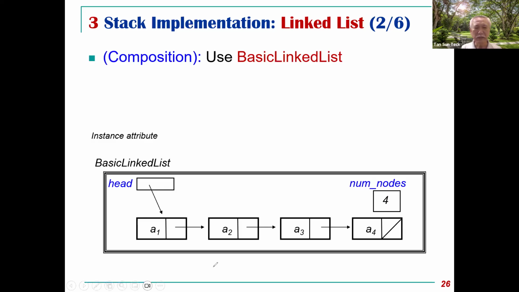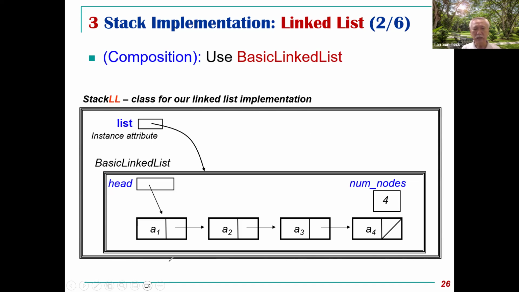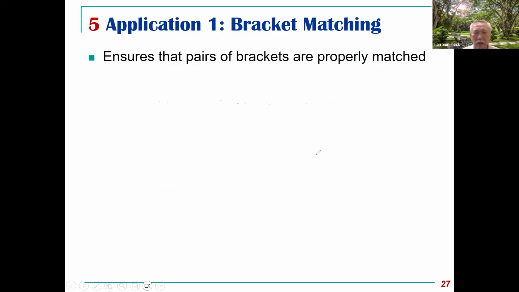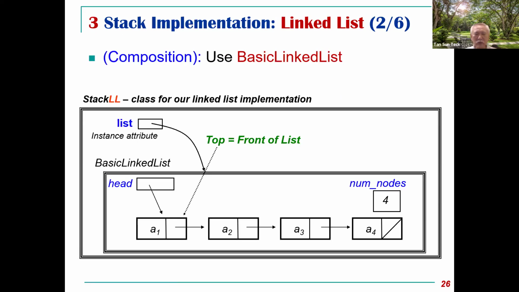First of all, we create this basic linked list as an instance attribute, an instance object, and this will become the stack linked list implementation class. The top of the list is a head pointer pointing to the top. If you want to push an element, you just use the basic linked list class method add head.